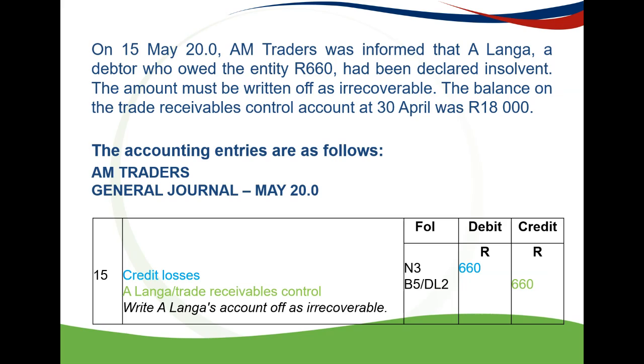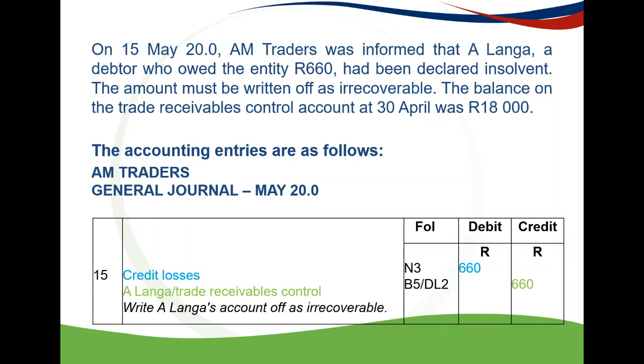The amount must be written off as irrecoverable, meaning that they're never going to receive it. So there's no reason for keeping it on the books, because you will have that amount lying there for years and never receive that 660 Rand. So we were informed it's irrecoverable, we will have to write it off.